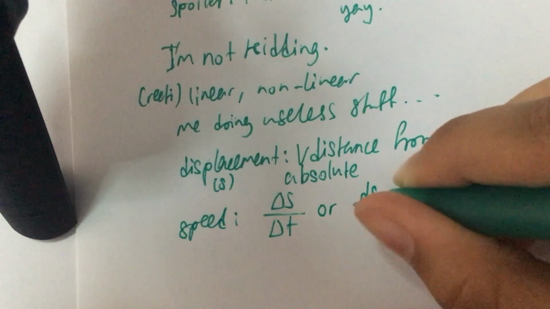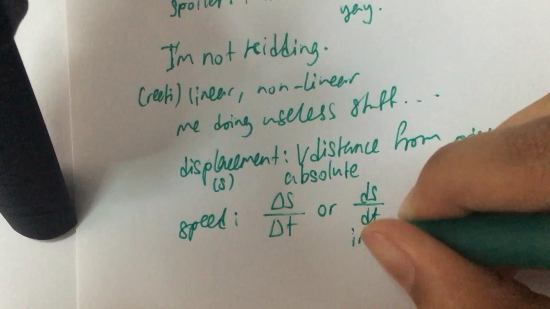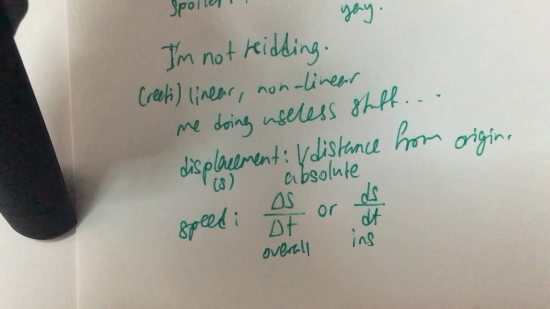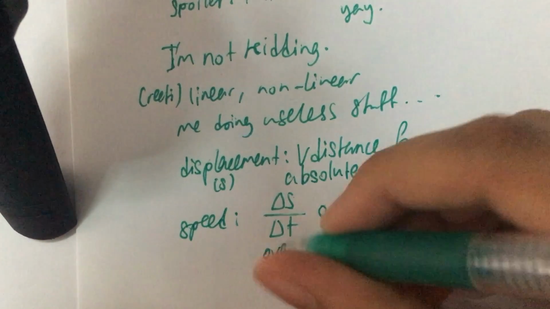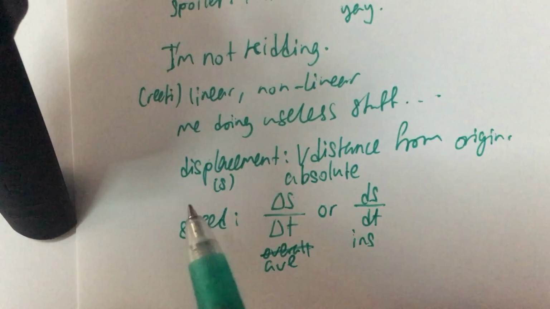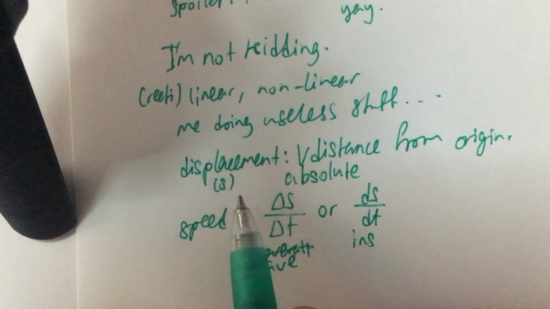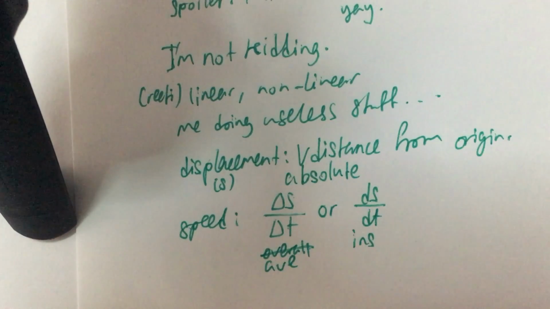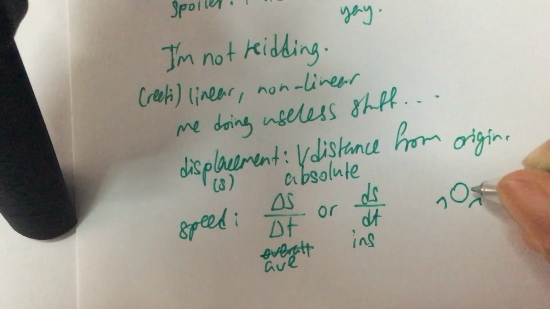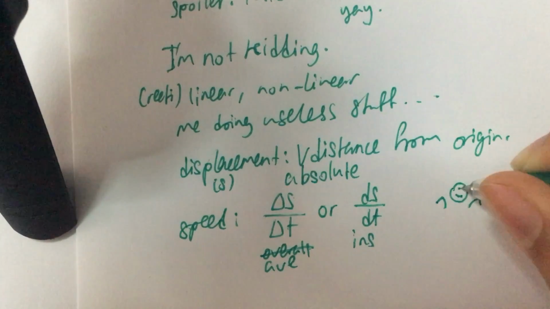Then velocity would be, instead of using x, you use s, which is displacement. Displacement for some reason correlates to s, maybe because it has the letter s in it somewhere. So velocity would be the total change in displacement over the total change in time, or if you're using instantaneous, it would be ds over dt.